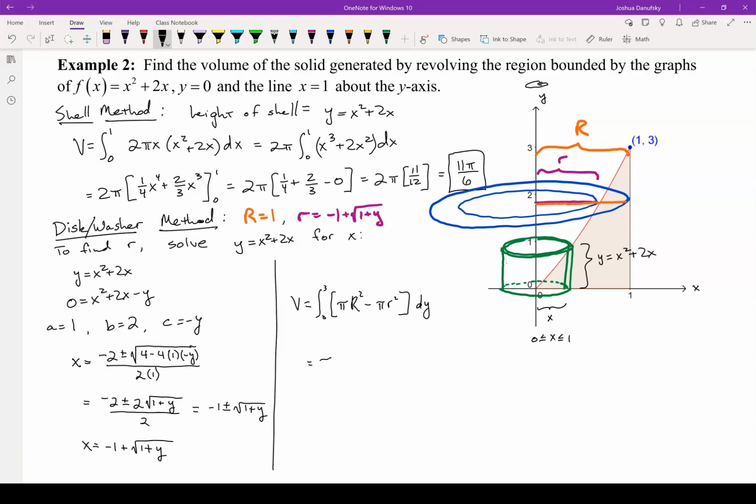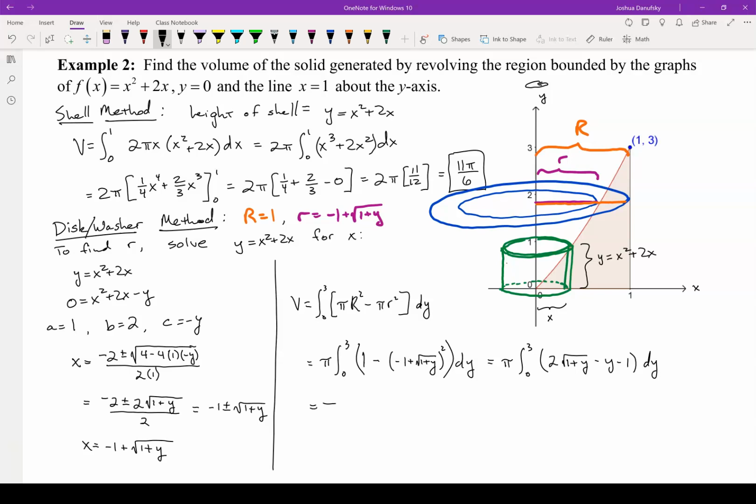We can factor out the pi. Capital R is 1, so 1 squared is just 1, minus our little r squared. Simplifying this, we get pi times the integral from 0 to 3 of 2 square root of 1 plus y minus y minus 1.